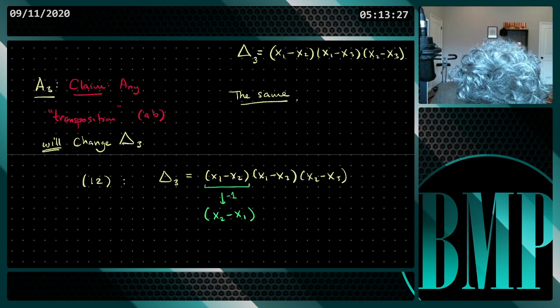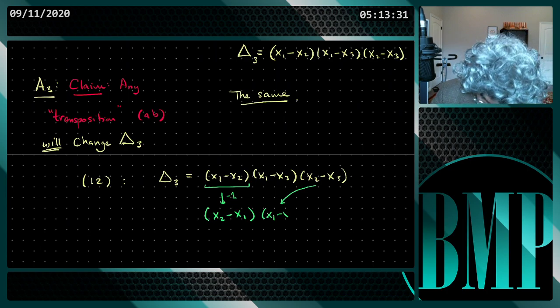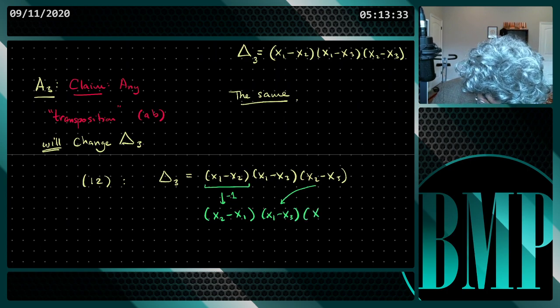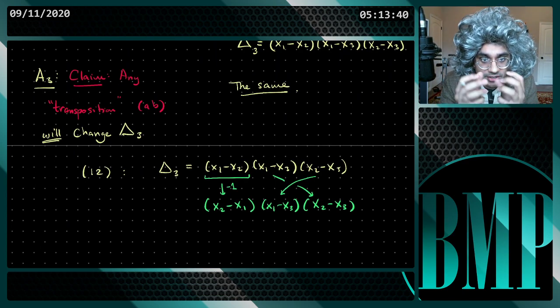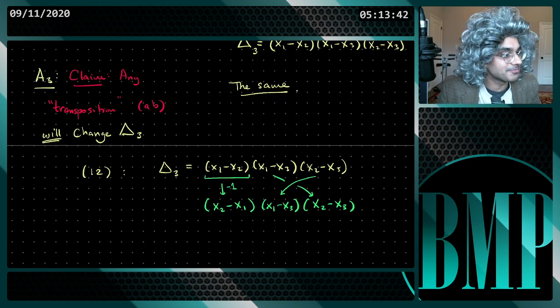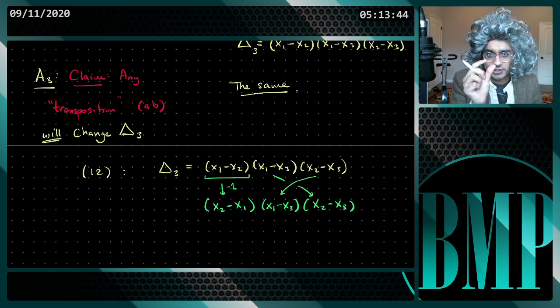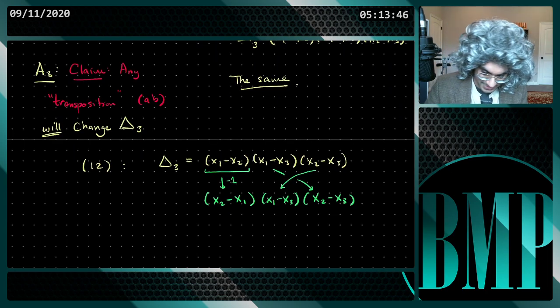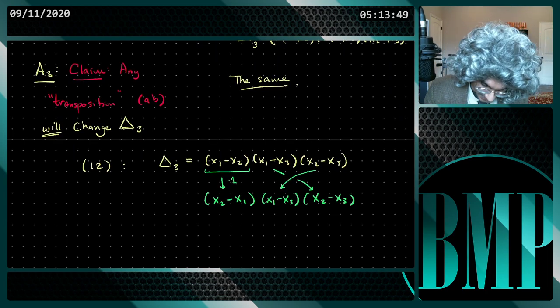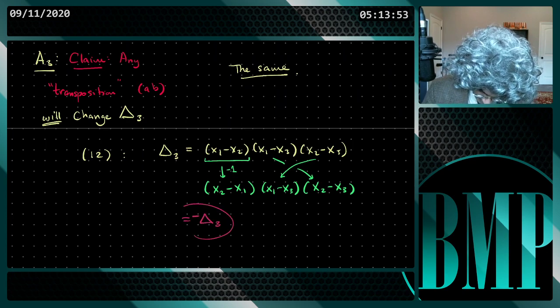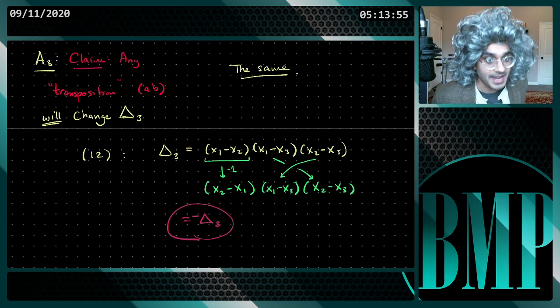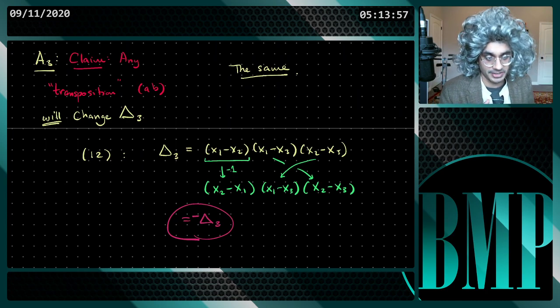But there were no more sign changes. None of the other factors became negative, right? And so the whole thing became negative, which is not the same. We did not preserve the discriminant.